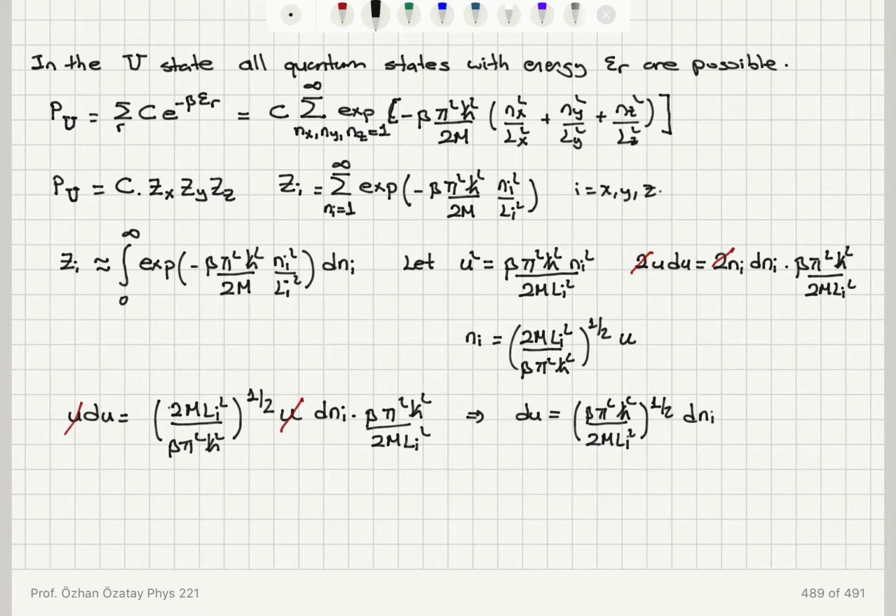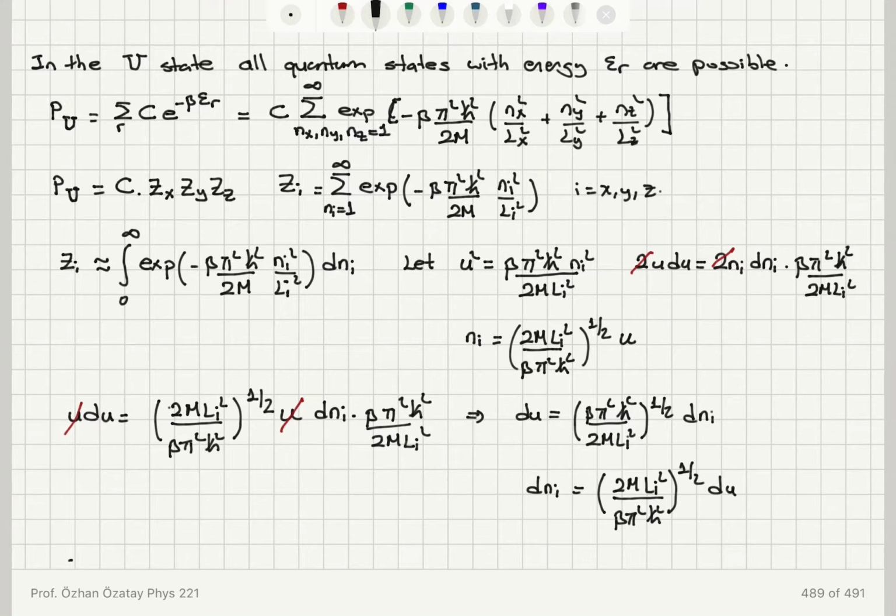Or I can write dni as 2m li squared over beta pi squared h bar squared to the power 1/2 du. So I flipped the top and bottom because I've taken it to the other side to obtain dni.